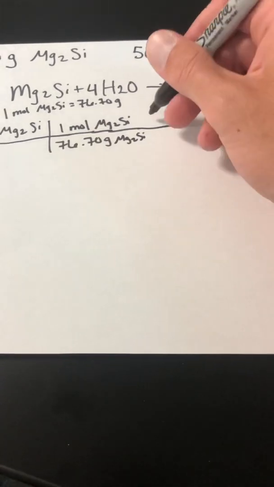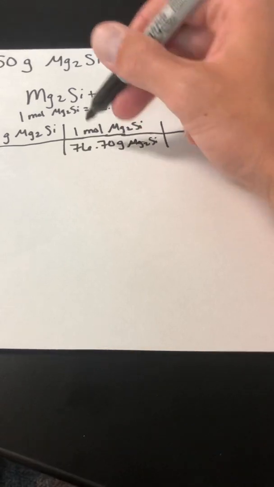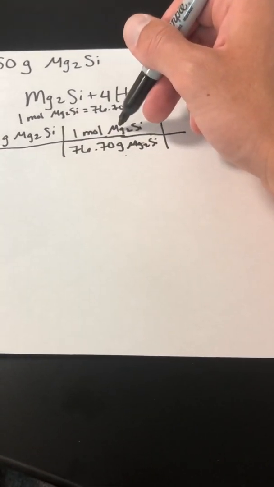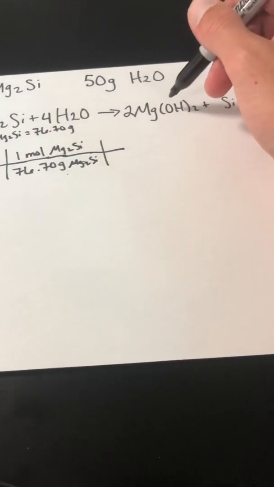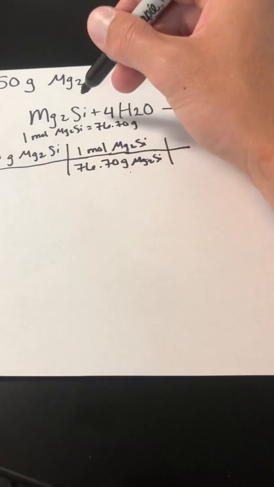And so I've got grams Mg2Si, grams Mg2Si diagonally. So now I go to moles. I'm gonna go from moles Mg2Si to moles of my product here, Mg(OH)2. To go from moles to moles, I use my stoichiometric coefficients. Since there's no number out in front here, that's the same as a 1.